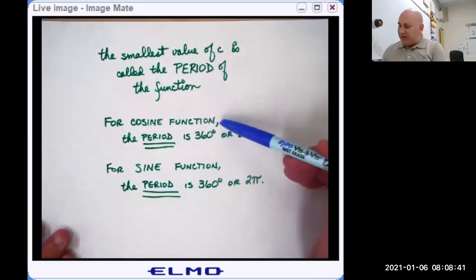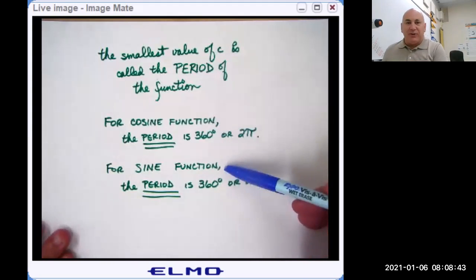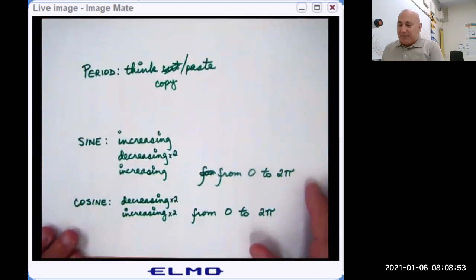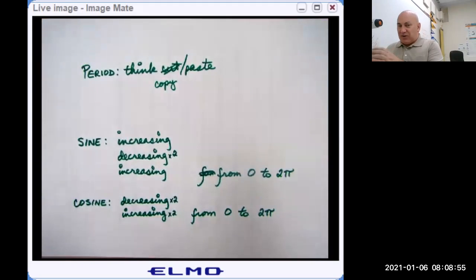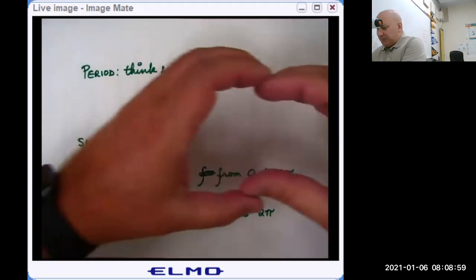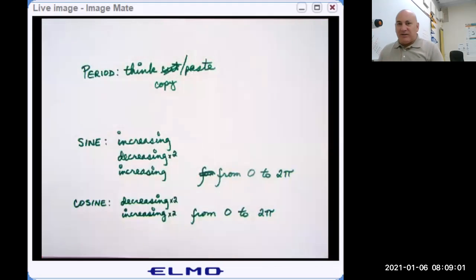So the period of the cosine function and the period of the sine function are both 360 degrees or 2 pi. When you do period, think copy and paste. Take that function, copy that one period of it, and paste it over here. And that's what the function will look like.